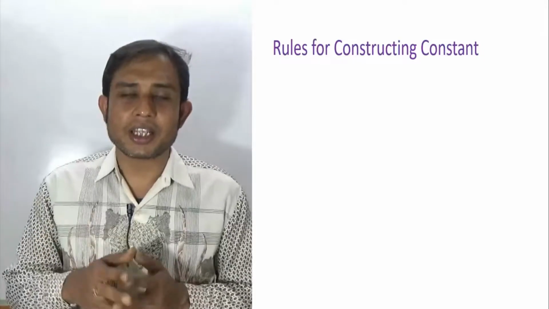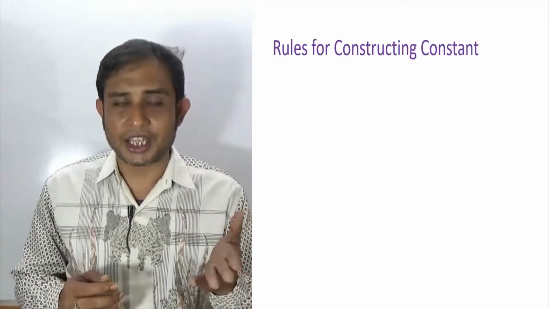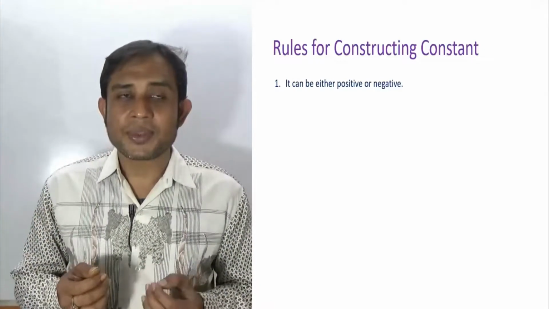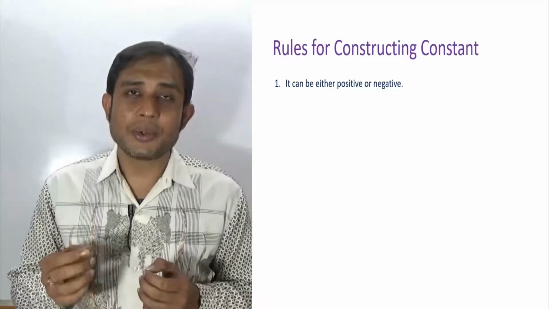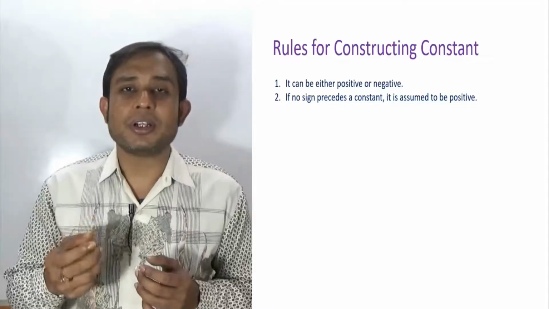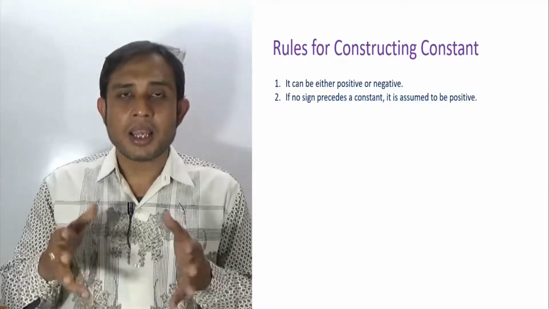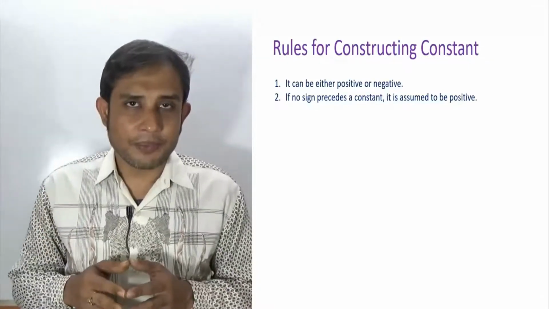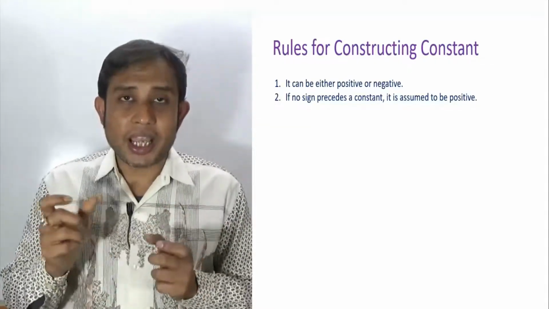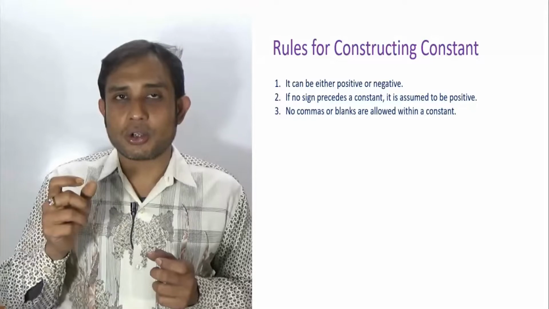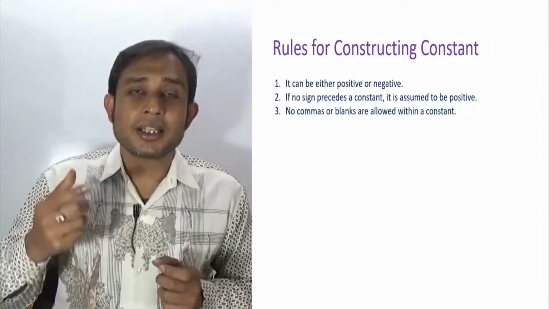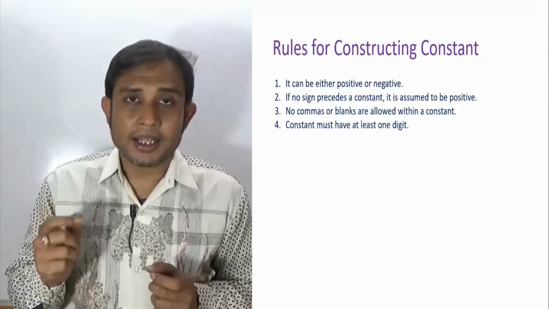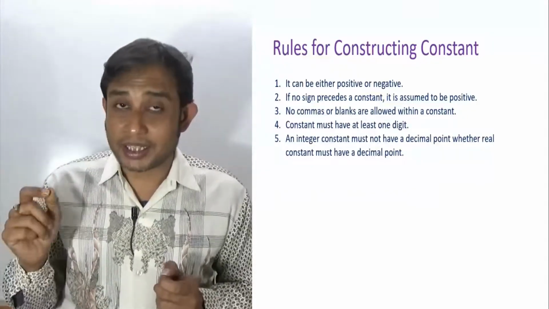The basic rules for declaring constants within C programs are as follows. Every constant may contain positive or negative values. If no sign precedes the constant, it is assumed to be preceded by a positive sign. A constant must consist of at least one digit. An integer constant must not have any decimal places or fractional part, whereas a floating point or real constant must contain decimal places or a fractional portion.